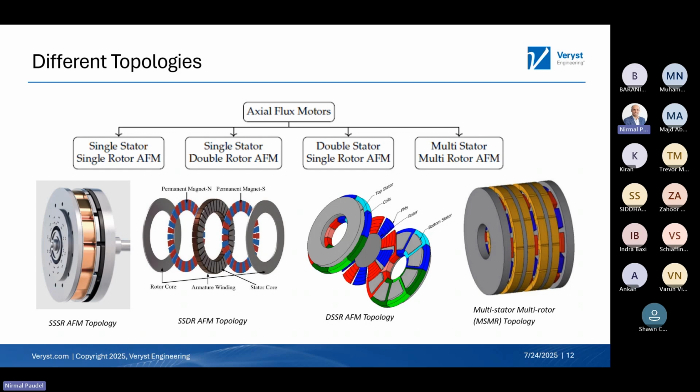First, the single stator, single rotor axial flux machine. We have a single rotor and single stator stacked on top of each other as discs. The other one is a single stator, but double rotor. You have a stator in the middle with the windings, and the rotors on the outside with a magnet ring and a back iron.